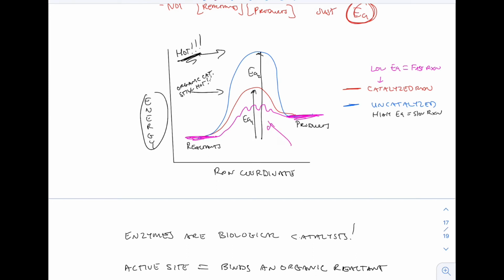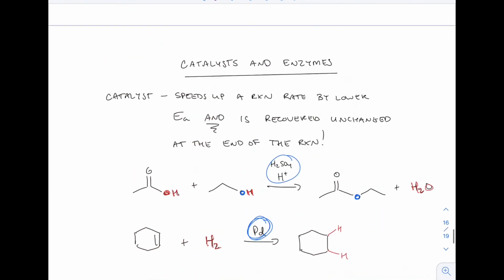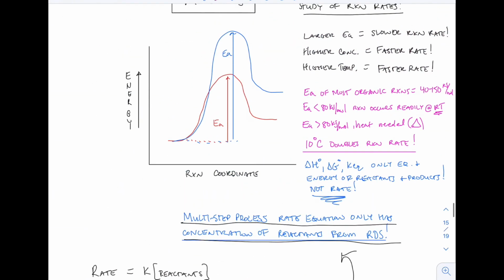Some might occur at room temperature, but this pink line is basically my terrible drawing of an enzyme, a biological process where reactions are taking place, and you can see that generally the activation energy is at least less than the organic reactions, right? And so looking over here, remember EA for most reactions is 40 to 150.